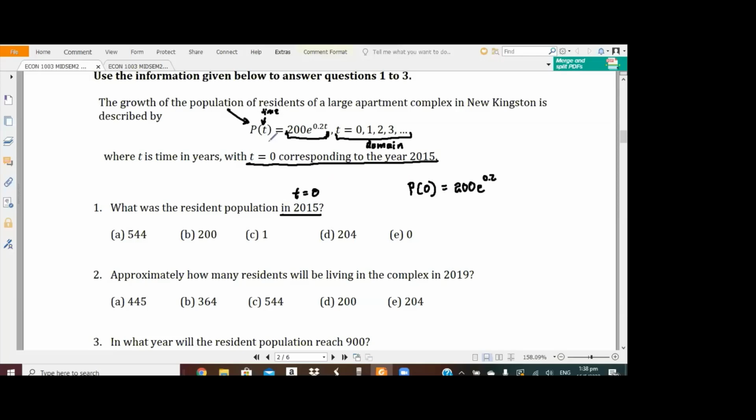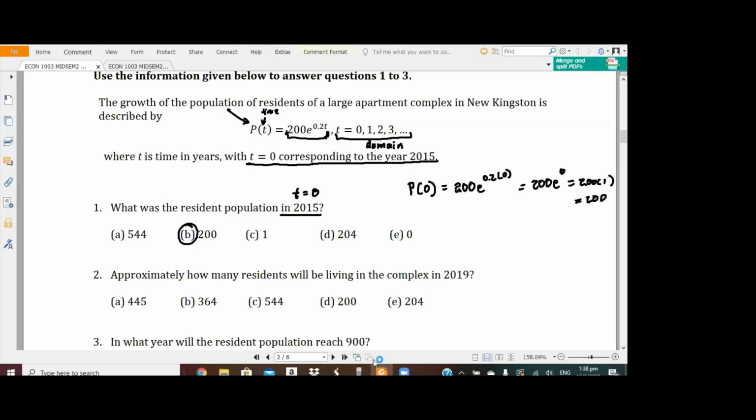Remember, when you're evaluating a function, I replace the t variable with the value of 0, the same thing in the definition. So I replace it here with a 0. Now this just gives me 200 e to the 0, right? And by now you should be exposed to the fact that if you raise any number to 0, it's just going to give me 1. So this answer is 200 times 1. At the end of the day, it is 200, right? So the answer is 200.